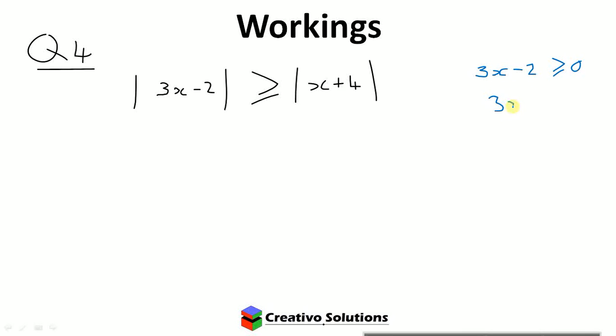So 3x must be greater than or equal to 2, so x must be greater than or equal to 2 over 3. Does that make sense? Okay, the other one's easy. x plus 4 greater than or equal to 0, so x must be greater than or equal to minus 4.